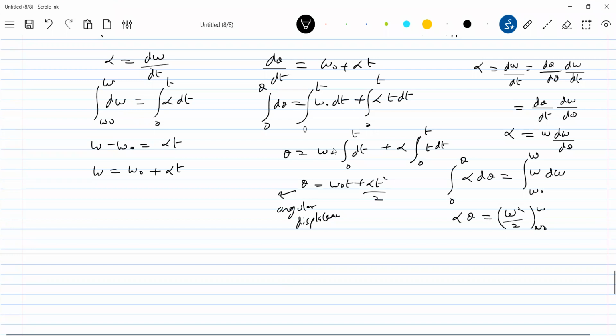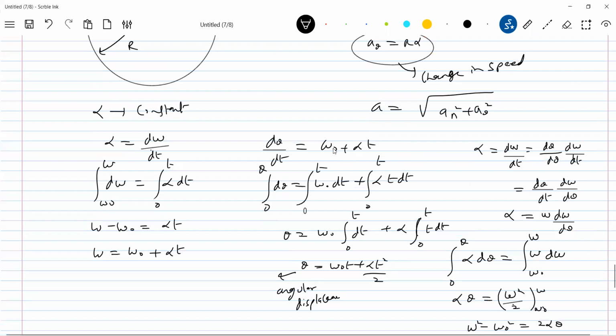So I think somewhere it is similar to the linear equations, no? s equals ut plus half at square, v equals u plus at, then v square minus u square equals 2as. There it was linear motion; this is for angular motion. So how alpha, omega, theta are related when alpha is constant.